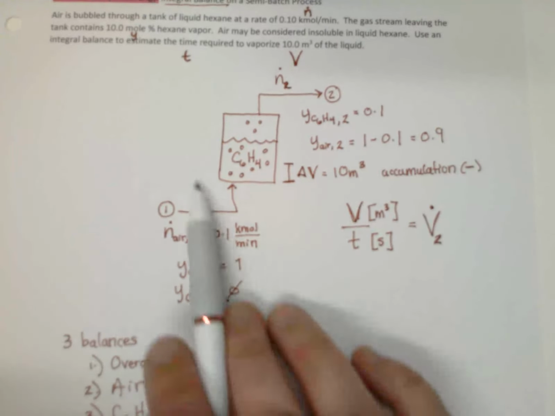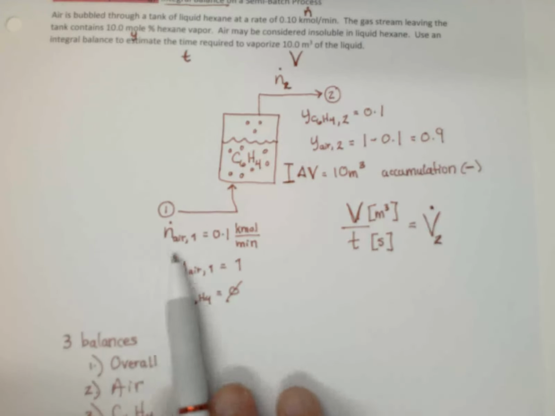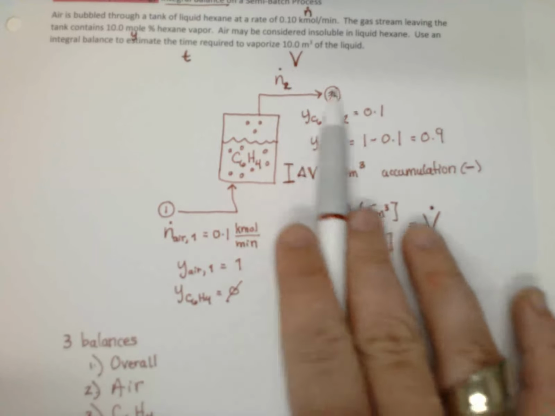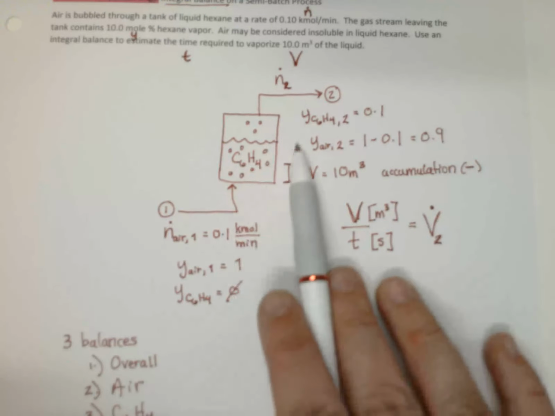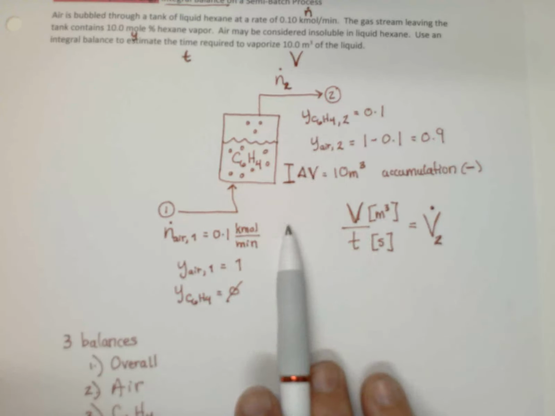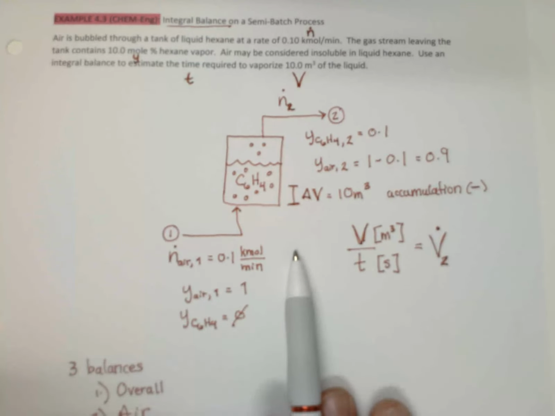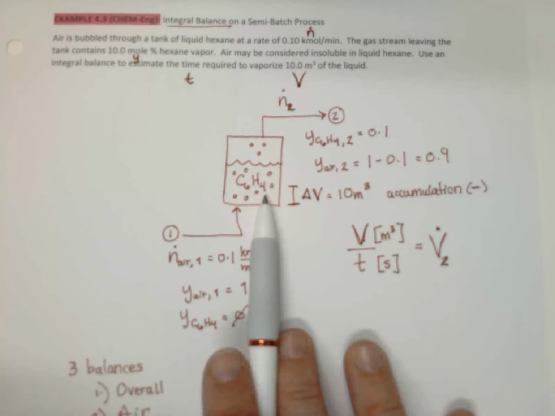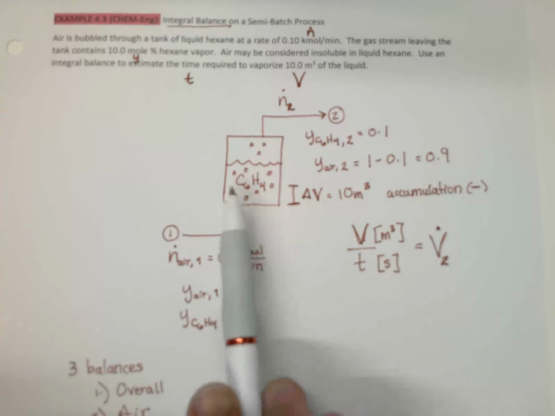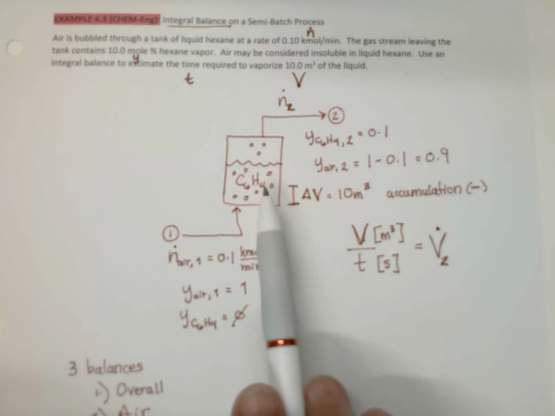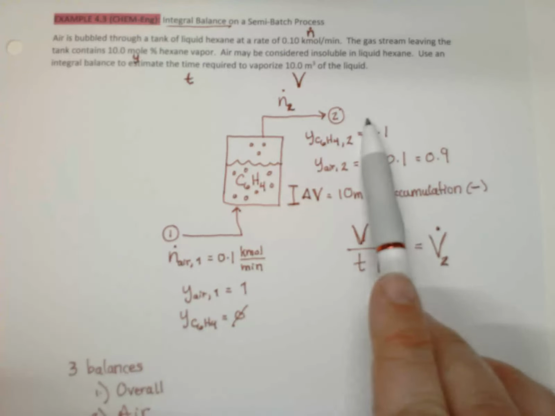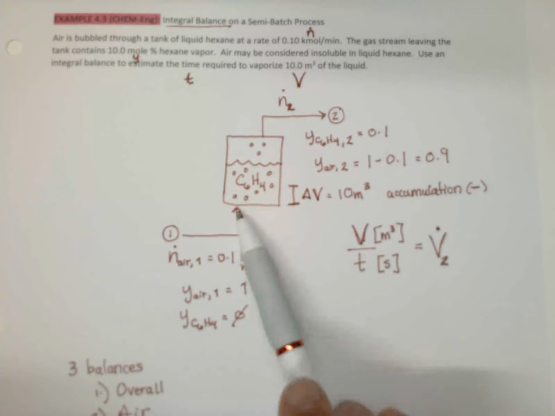In the overall system, the components of air and what comes out of the system, are there any generation or consumption? Is there any reaction that's happening in here? And the answer to that is no. We're just doing physical processes, not reactions. We're bubbling air through a liquid, but they are not interacting.